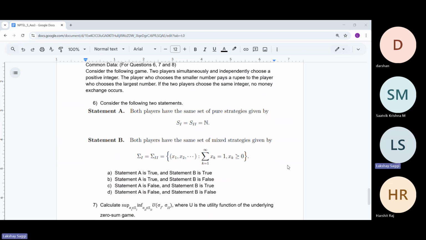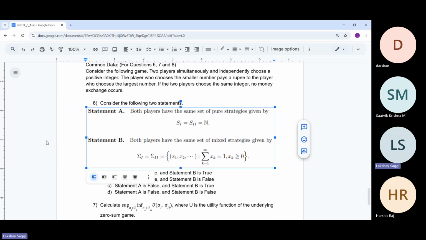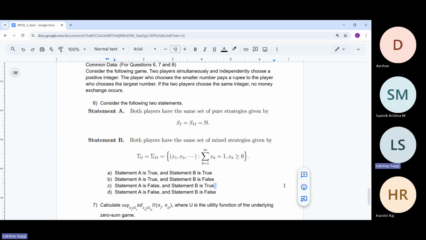Okay, so Harshit is saying that statement A is true. And what about statement B, Harshit? Will statement B be true? Okay, so Satvik and Harshit both are saying that statement B will also be true.